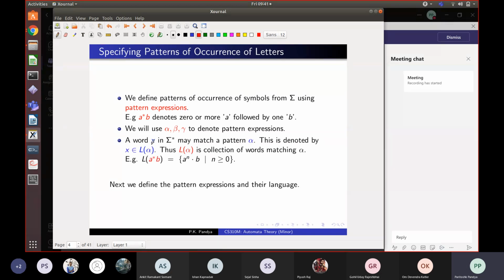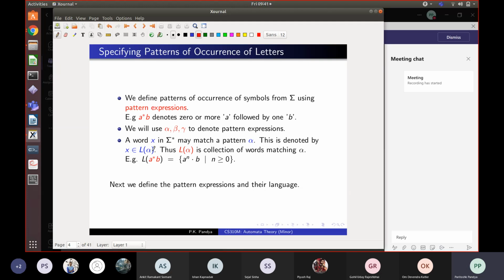Now, given a word in sigma star, we want to check whether it matches with a given pattern or not. This is what we want to define. That is, we are given a word X in sigma star and we are given a pattern alpha, and what we want to define is whether X matches alpha or not. If it does match, which we will define, this is denoted as X belongs to the language of alpha.